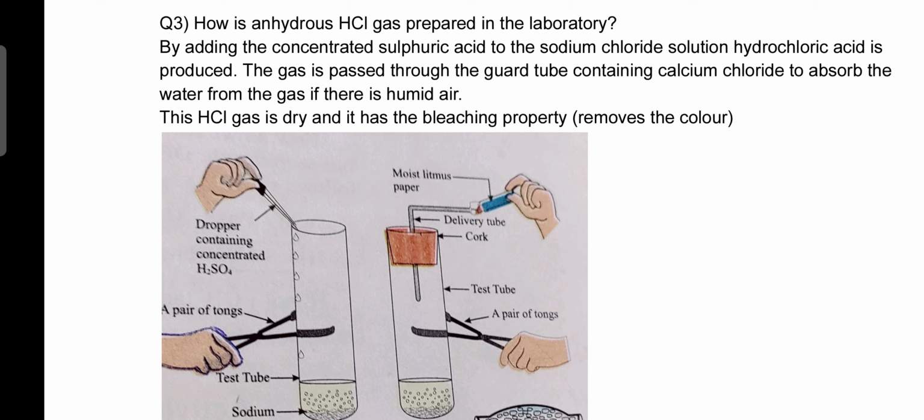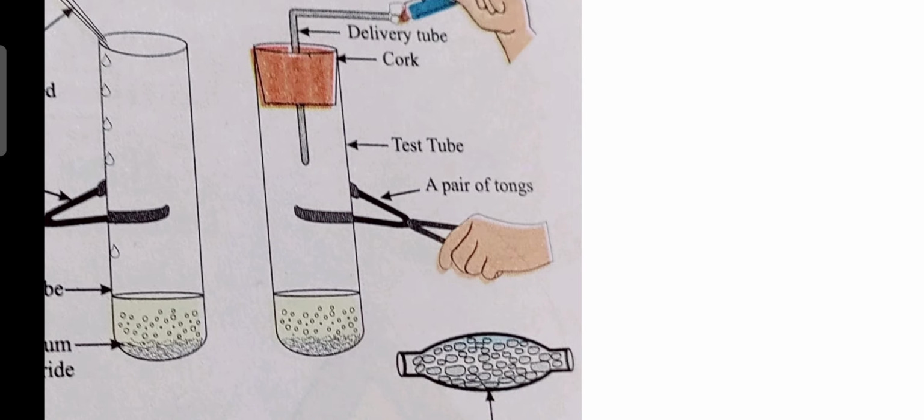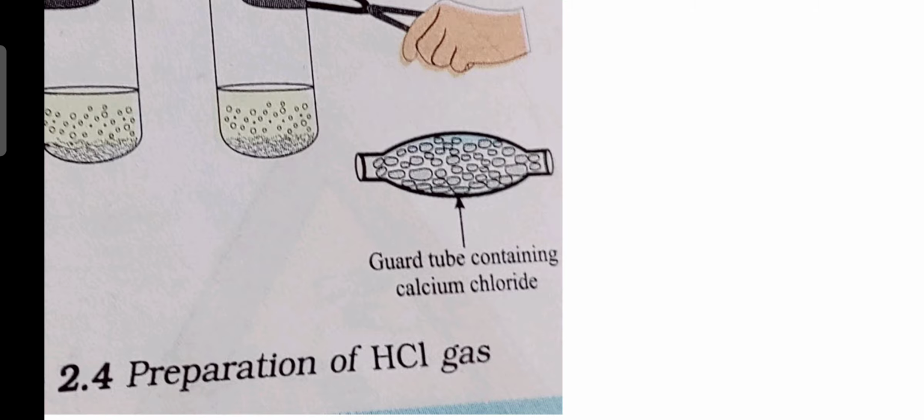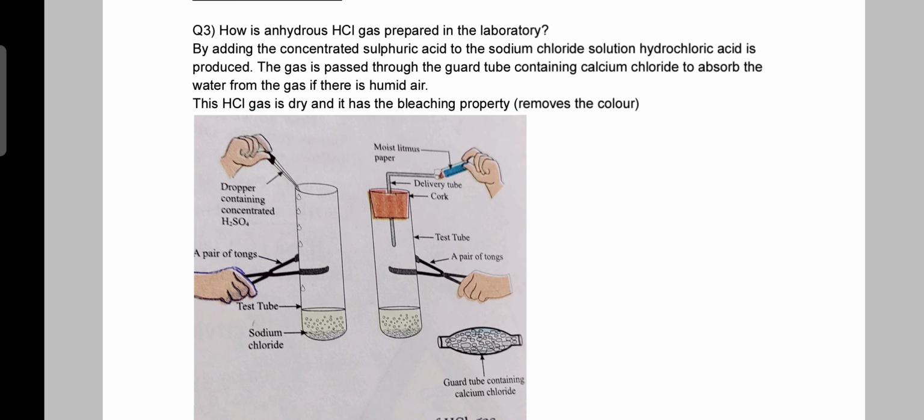Generally it will be dry, but when there is moisture in the air, it can combine with the water to form the acid. So we use a guard tube containing calcium chloride, so that the calcium chloride absorbs the water from the HCl and you will get dry HCl gas, which has no bleaching property.